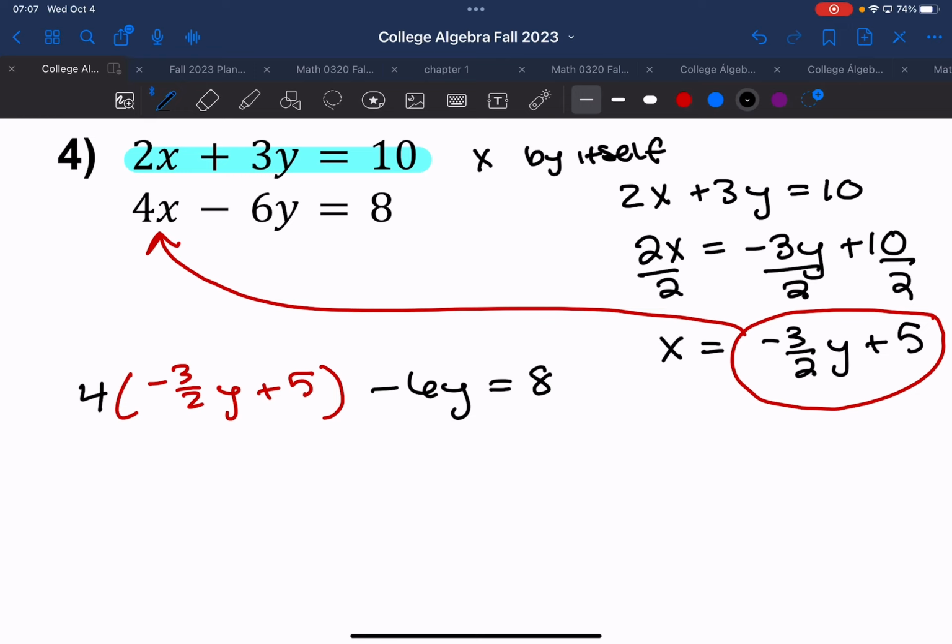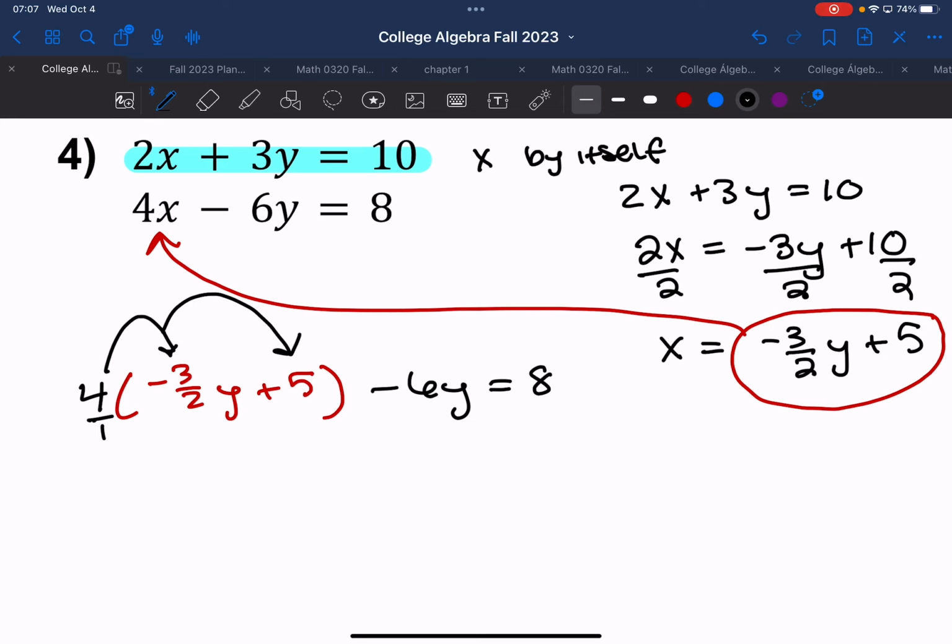So now I need to solve for y, and what would be my first step to do that? Put 4 over 1 and cross multiply. That would be for the first step, but what's this step called? Oh, distribute. So I'm going to distribute that 4, and for the first step, I would have to do 4 over 1 times negative 3 over 2, and that would give me what?